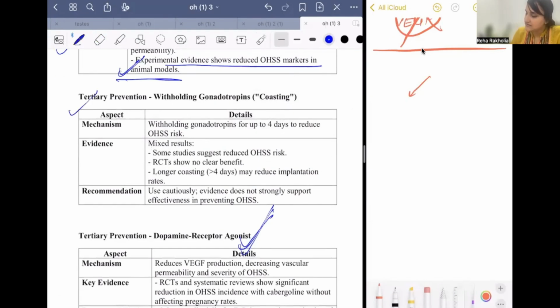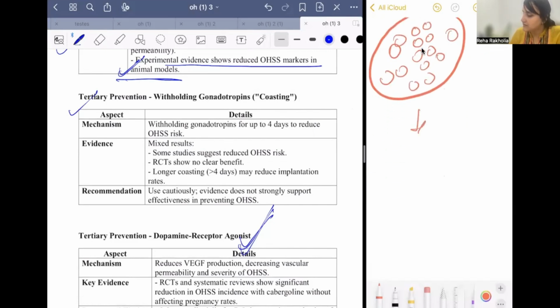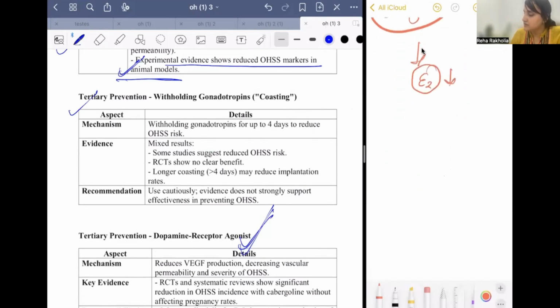So first is withholding gonadotropin. Coasting is a strategy when a patient shows signs of excessive ovarian response, but before the administration of the final trigger for ovulation. The goal of this method is to allow estradiol level to drop to a safer range before proceeding with oocyte retrieval.